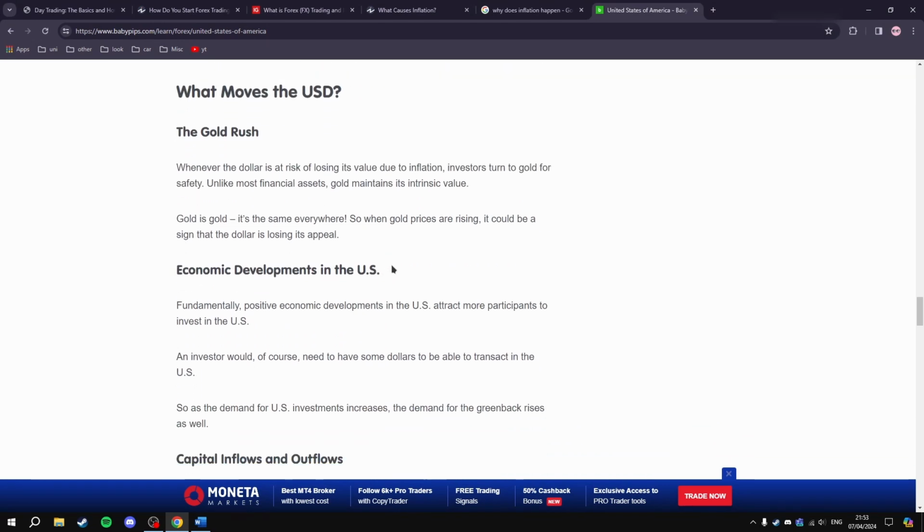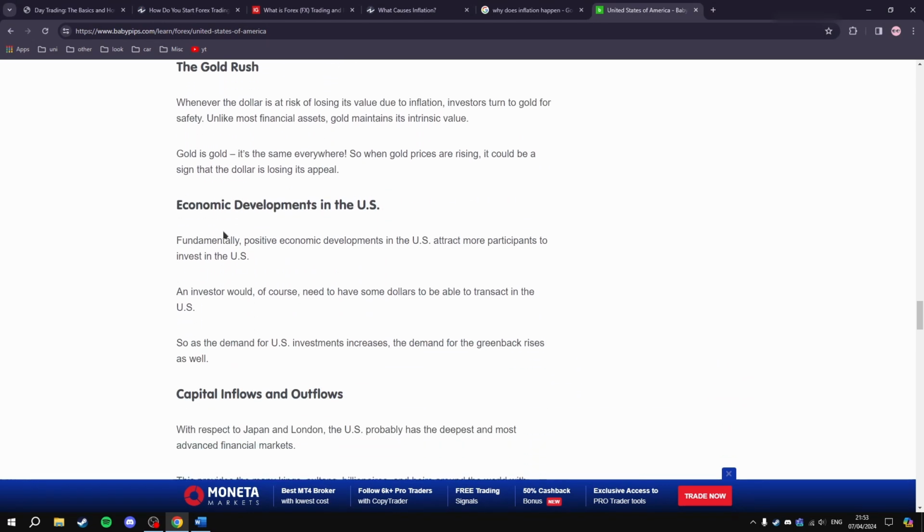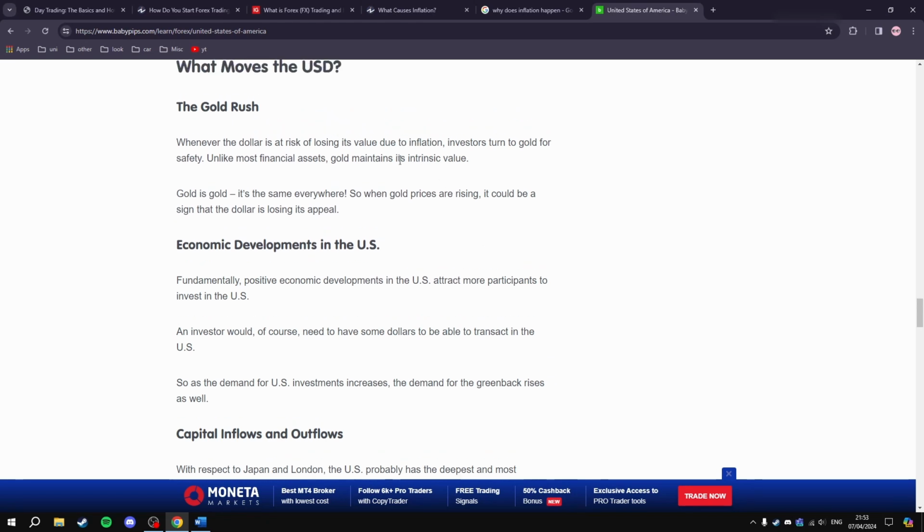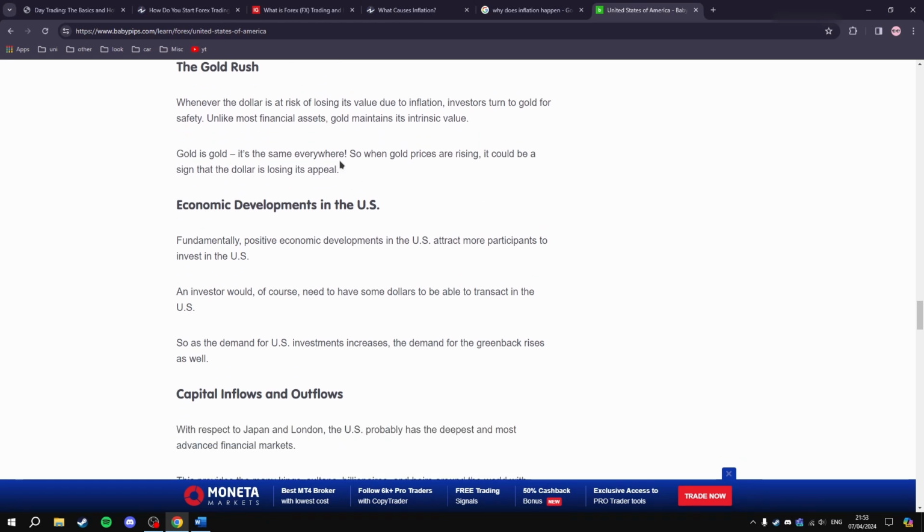Okay, what moves the USD? The gold rush. Whenever the dollar is at risk of losing its value due to inflation, investors turn to gold for safety. Unlike most financial assets, gold maintains its intrinsic value. Gold is gold.